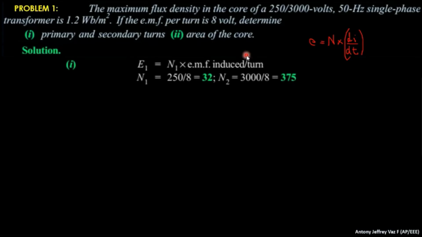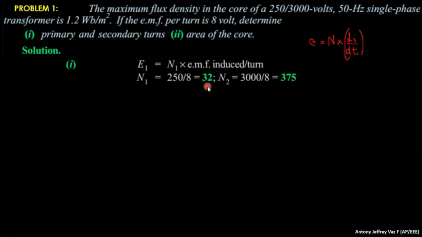To find the turns, E1 is equal to N1 into the EMF induced per turn. So E is equal to N dφ by dt, this is the formula. Here N1 is equal to 250 divided by 8, the 8 volts per turn.